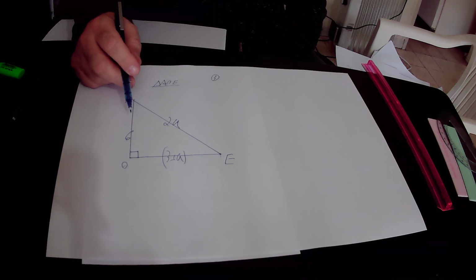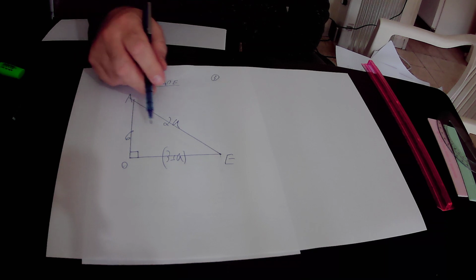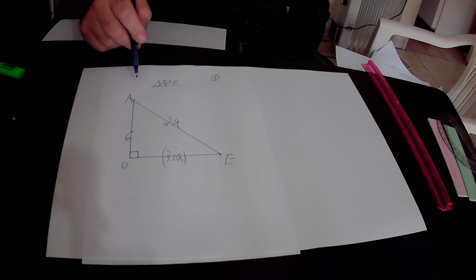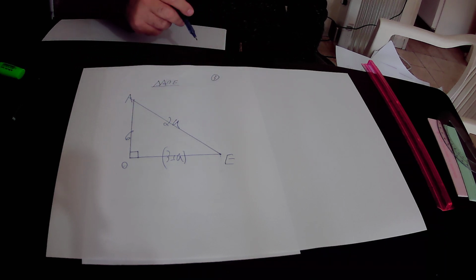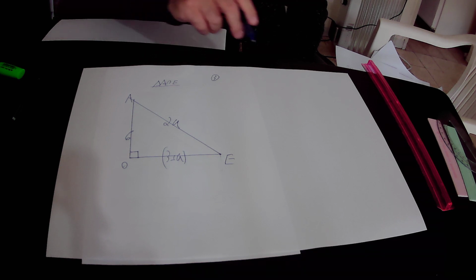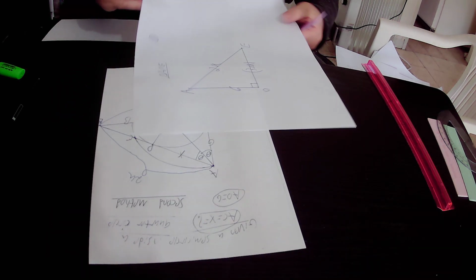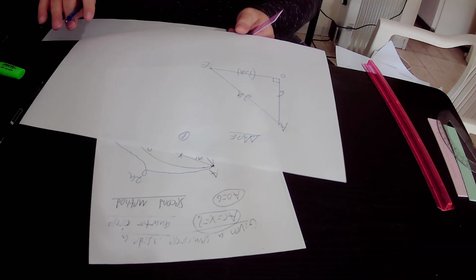AO equals 6 units according to what is given in the question. OE equals 3 plus A. And we already found out that AE equals 2A. So according to the Pythagoras theorem, here PT is the evaluation for Pythagoras theorem.